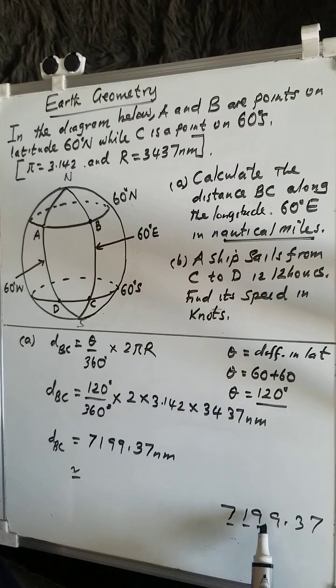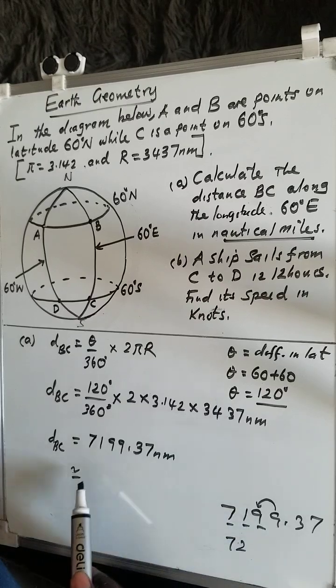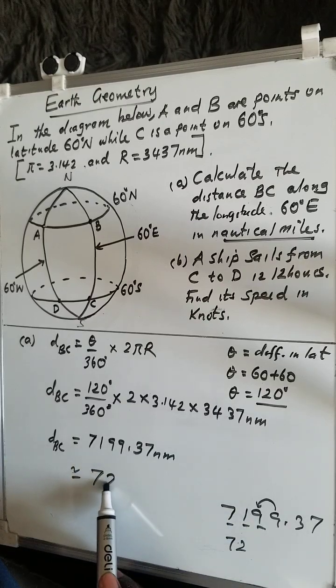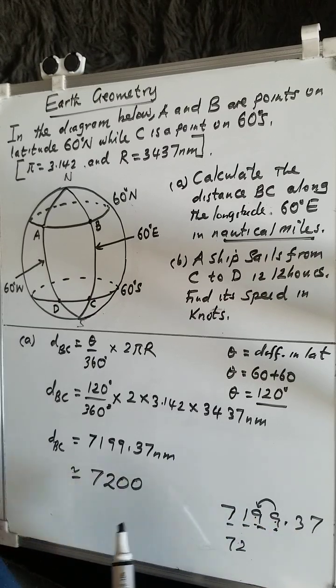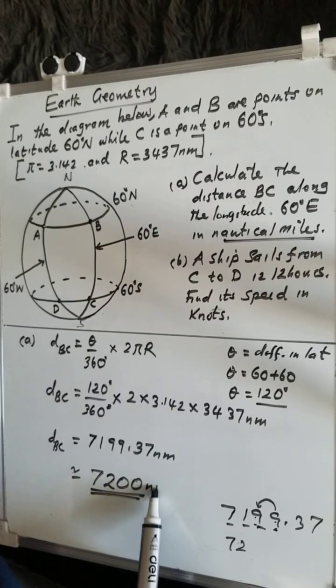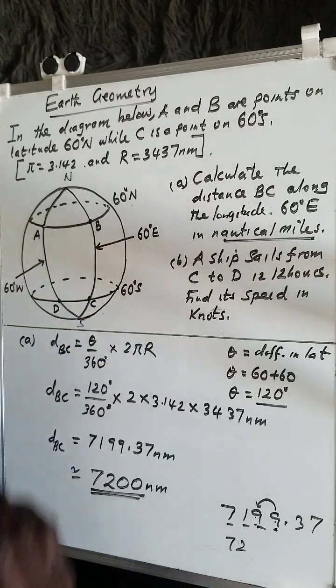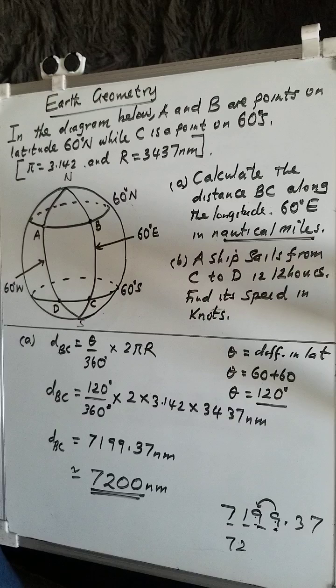So 1, 2, 3, you look at the number again, you round off, put a 1 there to be 10. You can't write 10, so you bring it there. So it will be just 7,072. Remember, for these values that you have replaced before the decimal places, put up the zeros to maintain the place value. So it's 7,200 nautical miles. So that is the distance that they wanted us to calculate there.